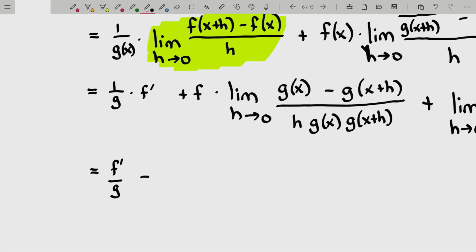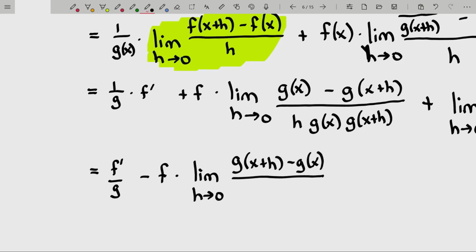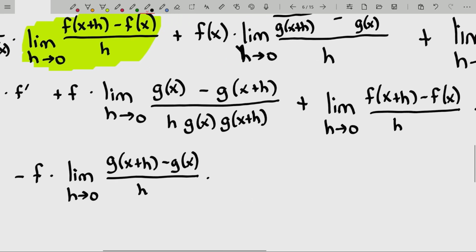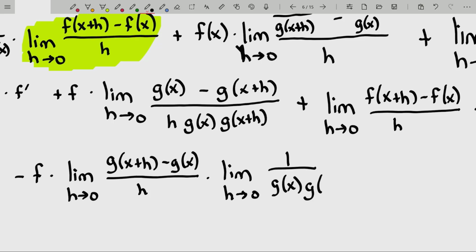So minus f times the limit as h goes to 0 of g of x plus h minus g of x all over h times, and I'll factor off that other limit, h goes to 0, of 1 over g of x times g of x plus h. I just want to showcase what I did. I just split this fraction here into basically the numerator over h times 1 over g of x times g of x plus h. So that should be okay with you.